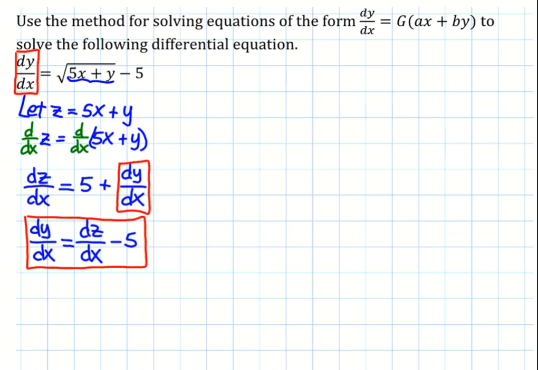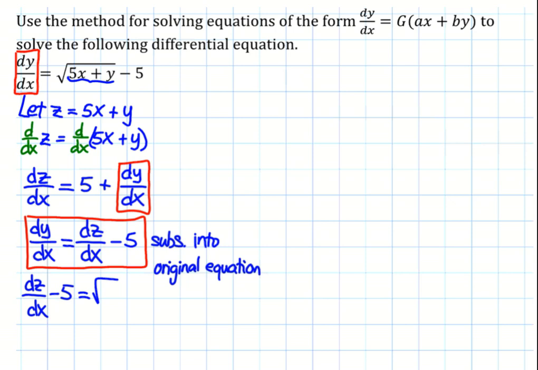Now if we substitute this into the original equation, we will have dz over dx minus 5 equal to square root of 5x plus y.